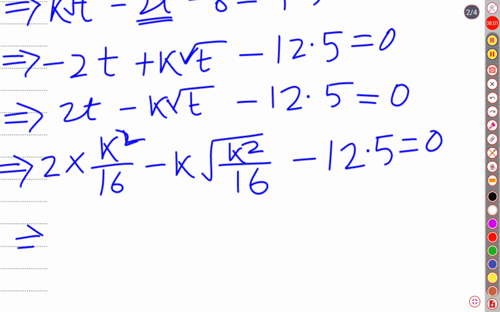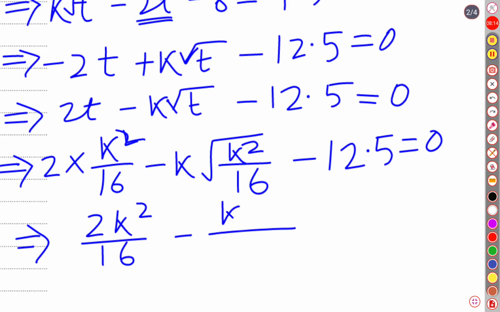So what is it going to be? It is going to be 2k squared over 16, and in the second one, the square and square root will cancel each other, so it is going to be k into k over the square root of 16, which is actually 4, minus 12.5 is equal to 0. Then we can simplify more.